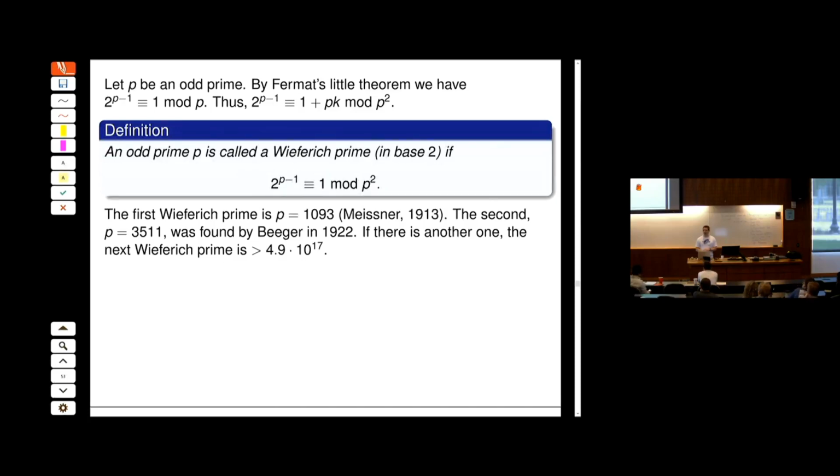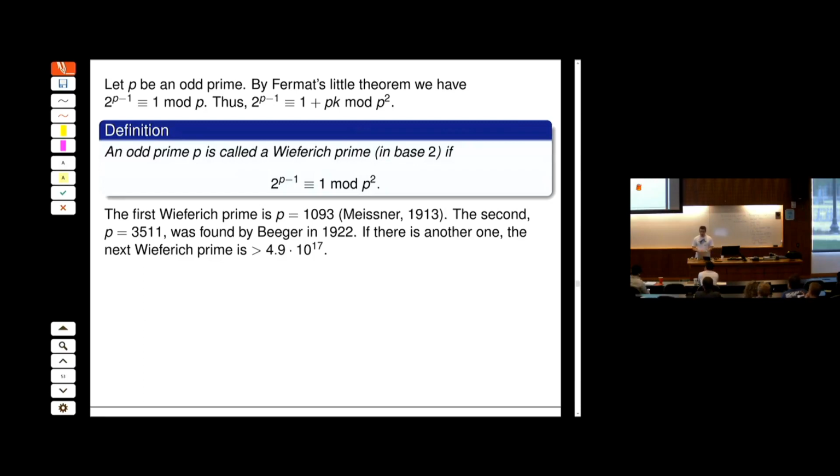If you think that's a bizarre definition, it turns out you can prove at least a part of Fermat's last theorem if you assume that you don't have a Wieferich prime. So if these didn't exist, or there were only like 2, then you could essentially prove Fermat's last theorem. That is where Wieferich was coming from when he started looking at these.